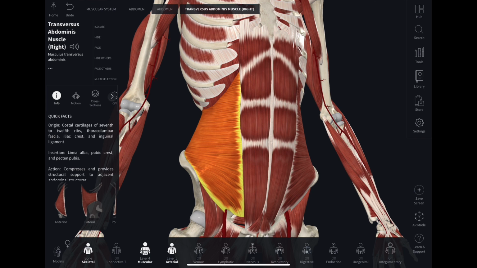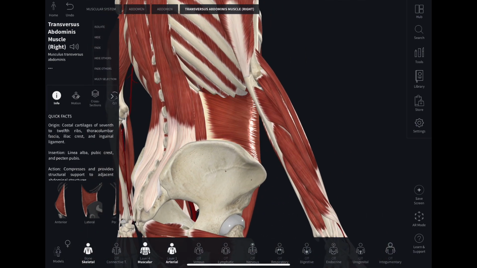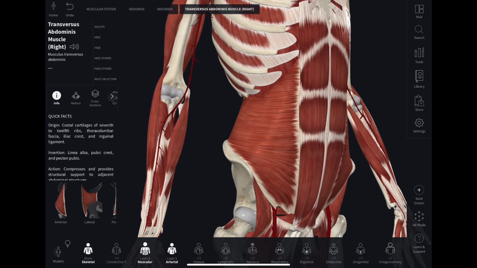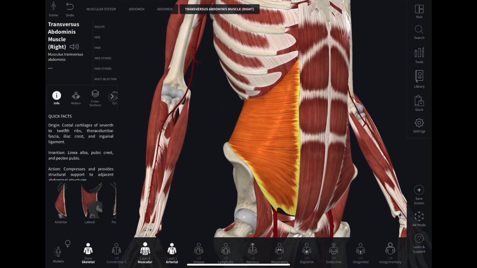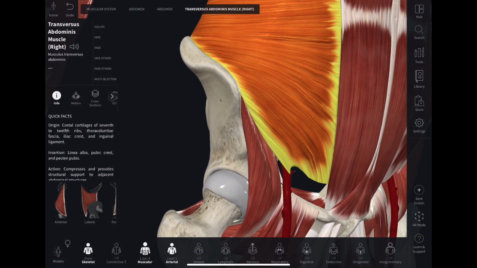This muscle originates below the ribs on the lumbar vertebrae. The muscle also wraps around the side of the torso, right here, and it inserts on the linea alba and also the inguinal ligament, which is right around here.